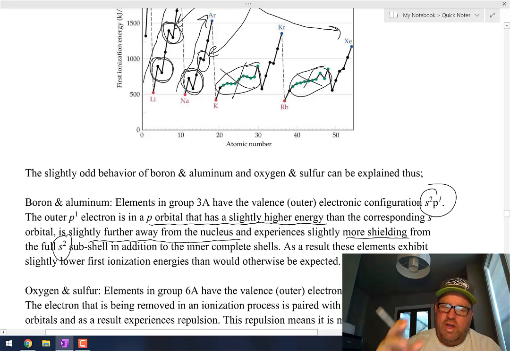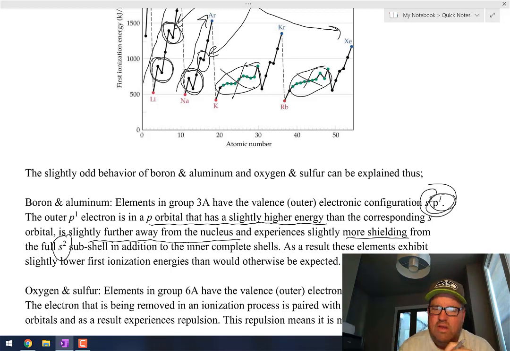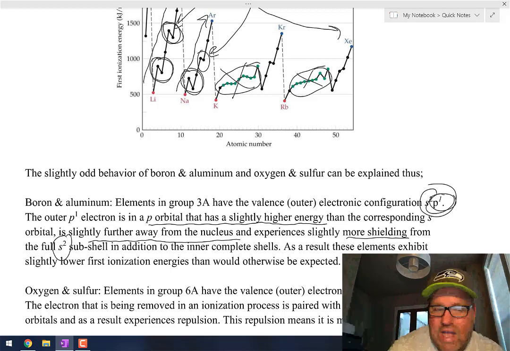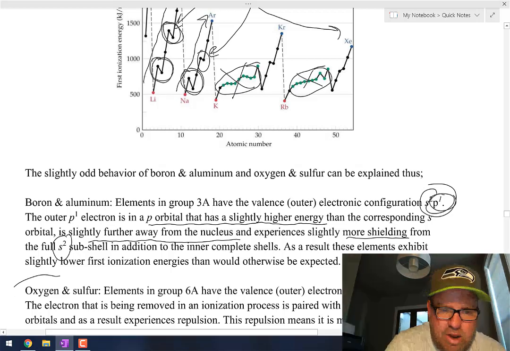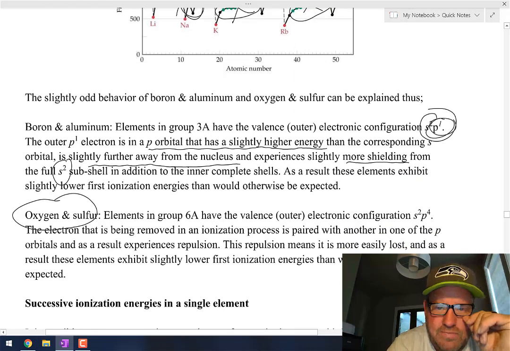Therefore it's easier to take that first electron away, because that first electron you put in that P subshell is a higher energy orbital. It's a little bit further away, and it's shielded by those S electrons. Again, probably not going to see a question about this, but there has been one. It was actually about oxygen and sulfur, but they technically could.